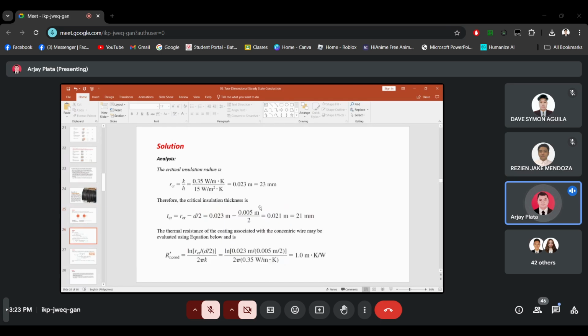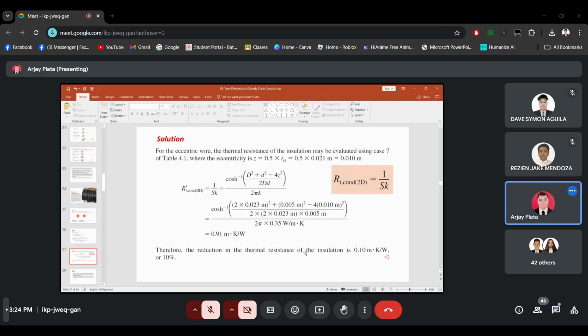To compute the thermal resistance for that, we have to use the old formula: ln of R2 over R1 over 2 pi K. R2 is 23 mm, R1 is 2.5 mm, and K is given as 0.35. So we'll get the value of 1.0 Kelvin per watt. Okay, so that's for concentric wire.